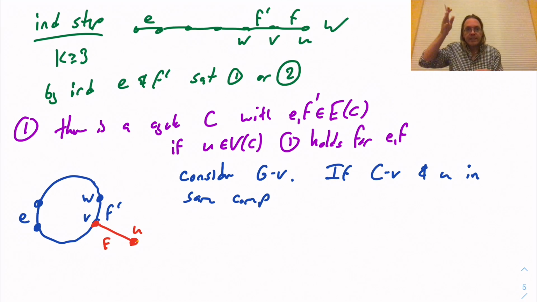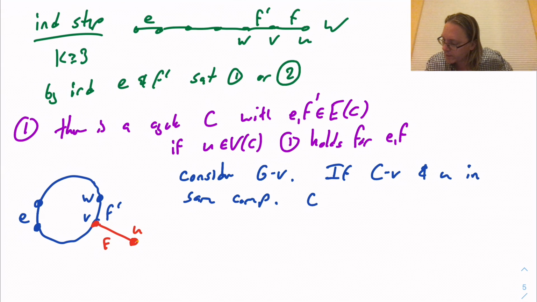I'm giving you C delete V and I'm giving you U. Well, if they're in the same component, that means you can choose a path that starts at the vertex U and connects to, in fact, any vertex of C delete V that you want. But I'm going to choose a path that starts at U and I'm going to stop as soon as we hit C delete V.